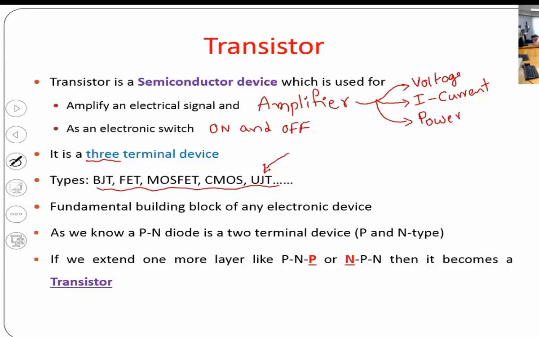But some high power transistors you will see down the line. The transistors that are used in the ovens, in the refrigerator, some high power applications. And any application that you see, it involves transistors, diodes, pretty much. So it's a building block of any electronic instrument that you will see.